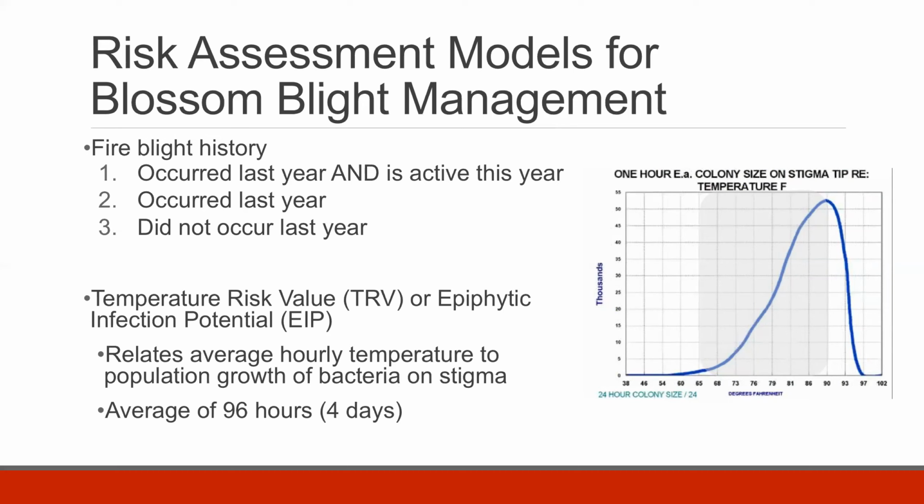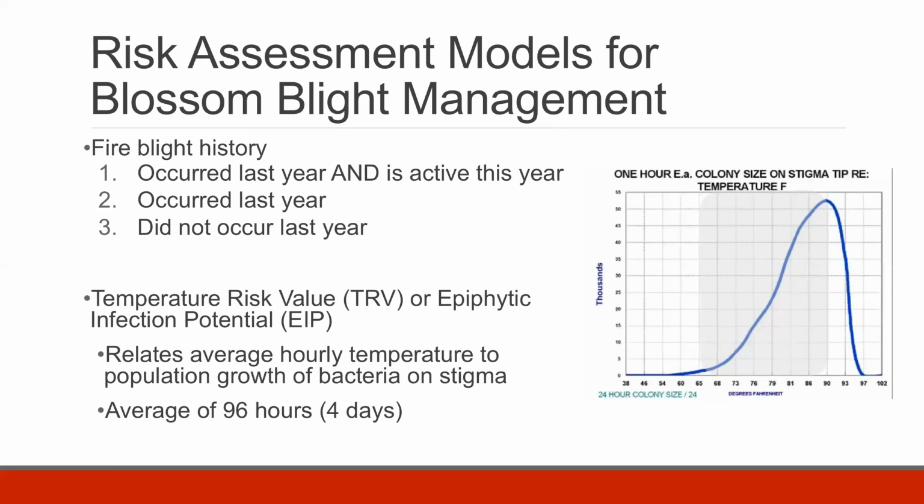And in order to determine if it's active, the growers will need to go out and scout their trees and look for cankers or any other tissue that might be oozing. A score of 2 is given if fire blight occurred in the previous year, but it has not been observed this year. And a score of 3 is given if it did not occur last year and has not been seen this year. So a score of 1 has more weight in predicting risk than a score of 3.